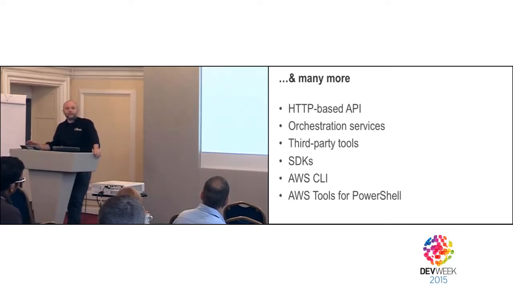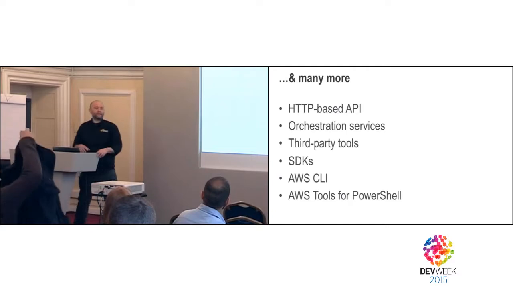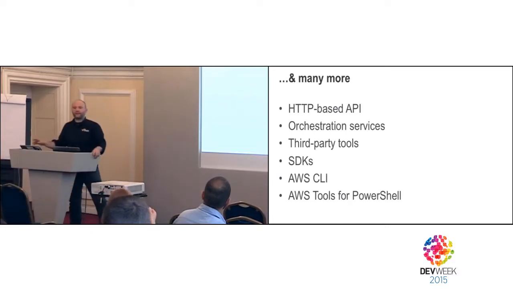We have high-level orchestration services, so we have Elastic Beanstalk, which is an application container service. So you can write your application, whether it's in .NET, Java, Python, Go, and you can then launch that, and Elastic Beanstalk will create the whole of that stack. So it will spin up the compute resources, any load balancers, database servers, etc.